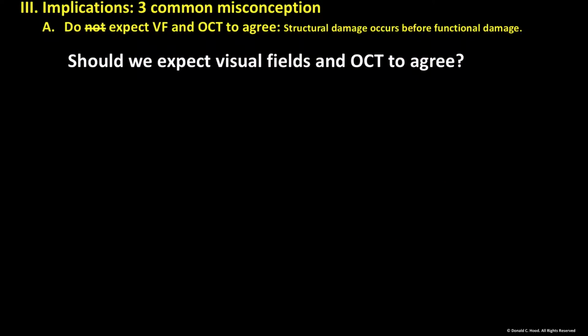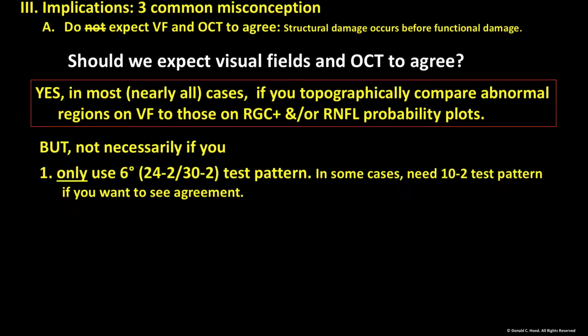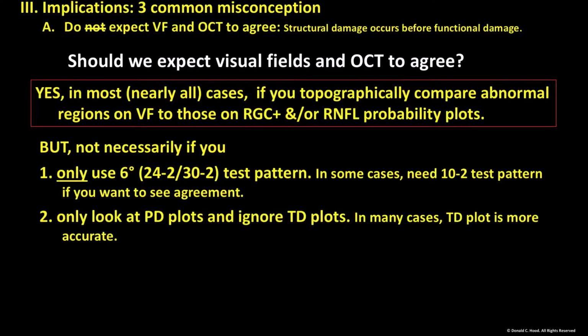All right, should we expect it to agree? Yes, we should expect visual fields and OCT to agree in most, nearly all cases, if you topographically compare abnormal regions on visual field to those on retinal ganglion cell and/or retinal nerve fiber layer probability plots. But they won't agree if you only use the 24-2 test pattern. In some cases, you're going to need a 10-2 pattern.